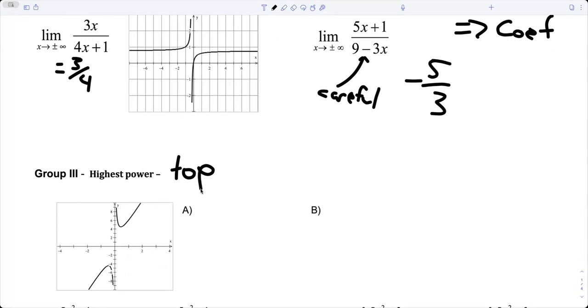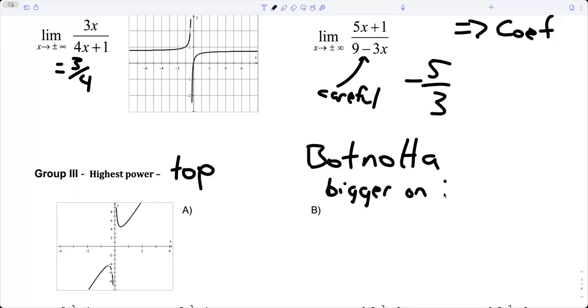I call this BOT-NOHA, which stands for bigger on the top, no horizontal asymptote.